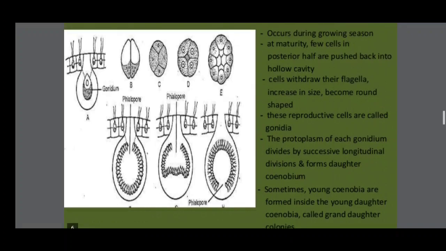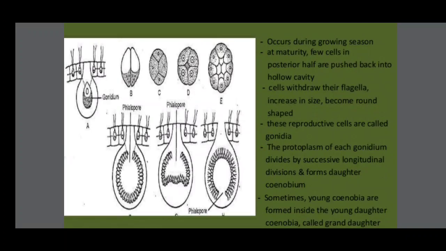So how is asexual reproduction carried out? It occurs at the time of the growing season. At the maturity of the coenobium, a few cells in the posterior are pushed back into the hollow cavity. The cells withdraw their flagella.